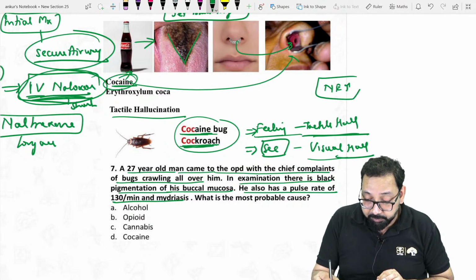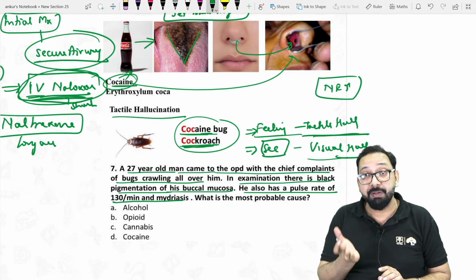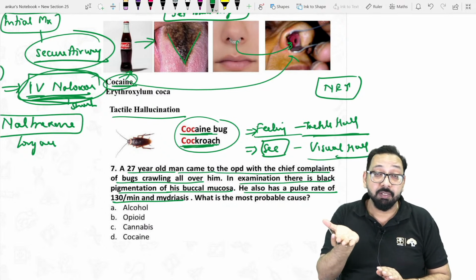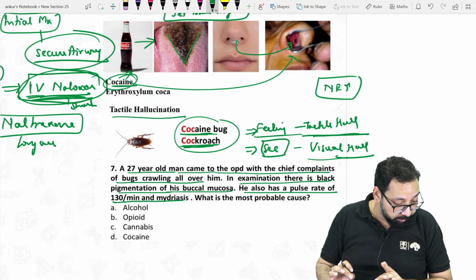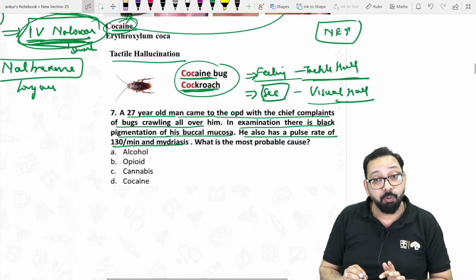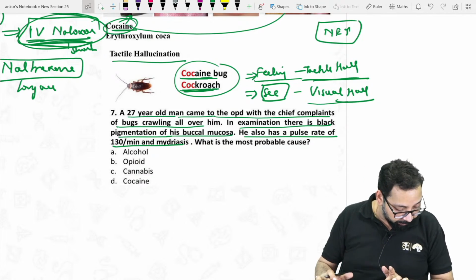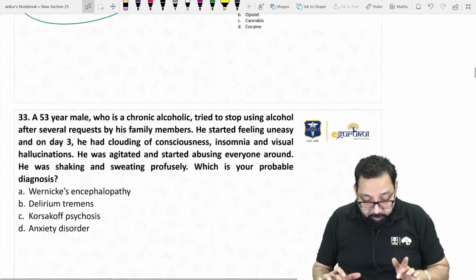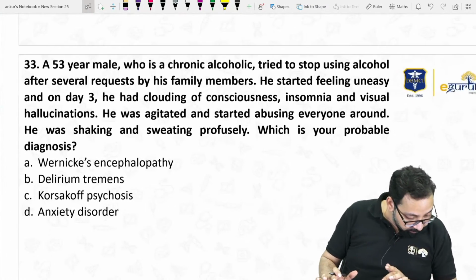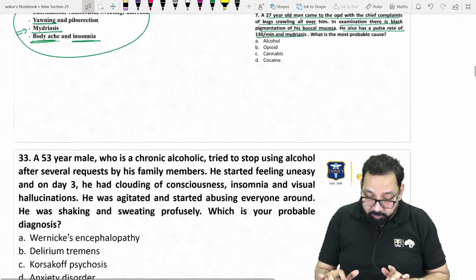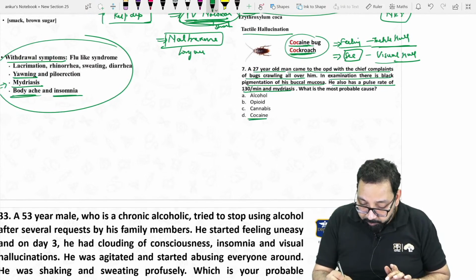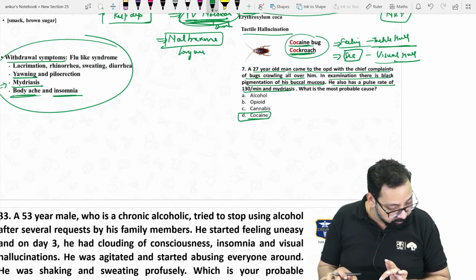Norepinephrine increases at the synapse, so there is tachycardia. This question has been asked that in cocaine poisoning or intoxication there would be no bradycardia, there would be tachycardia. Clear? Now this question, please do answer. So this is cocaine. Yes, the answer to question 7 is cocaine.